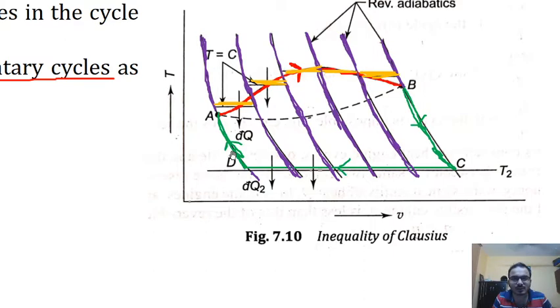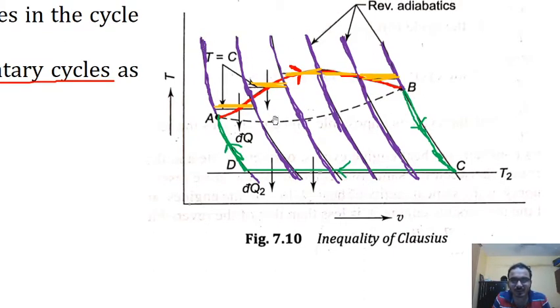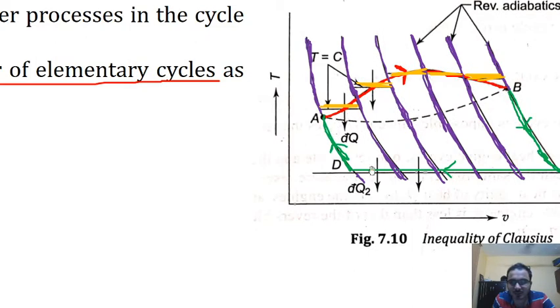And what we have done is that we have utilized a few reversible adiabatics visible through these blue lines, and we have added a few isothermal strips. So this portion will be one cycle, this will be another cycle, similarly this will be another one.